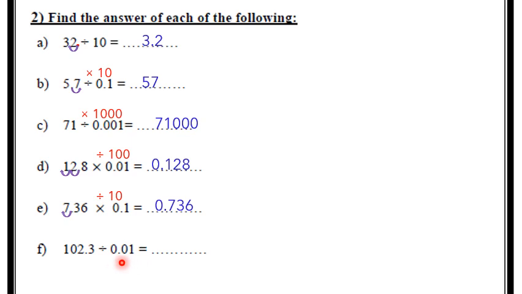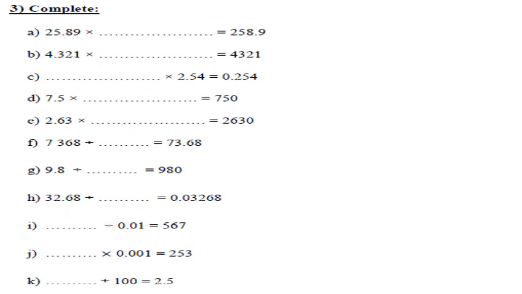Here, this is a crazy decimal, so this is like times 100. So any number times 100, I'm moving the decimal point 2 places to the right. Let's move it 1 and 2. Here an empty place, so I will replace it by 0. So the answer will be 10,230.